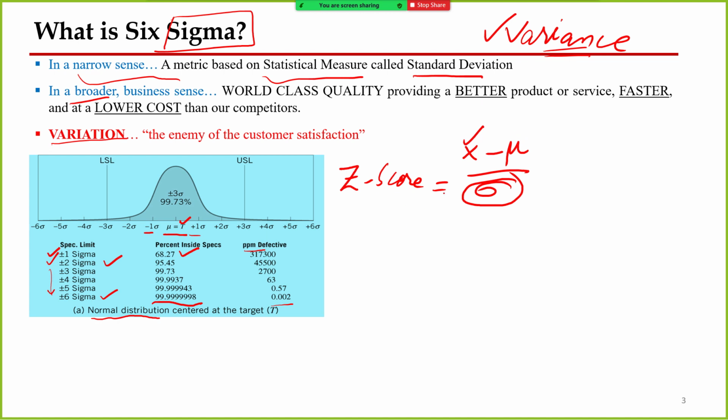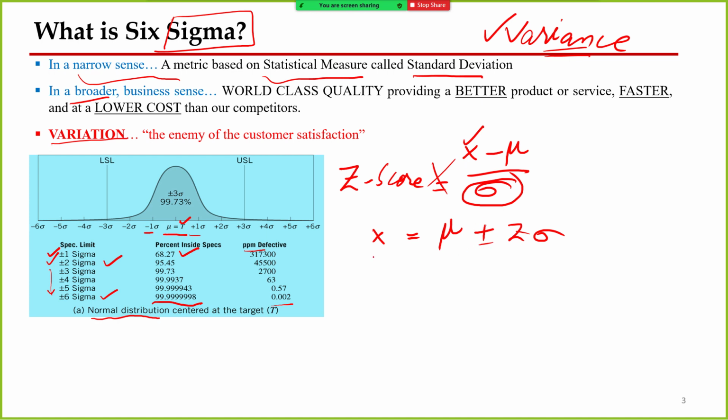So if I cross multiply, x is going to be mu plus or minus z sigma. Why am I writing plus or minus? Because the normal distribution is a symmetrical curve. Whatever the area lying on the right hand side, the same area is going to lie on the left hand side. So that's why we write plus or minus.